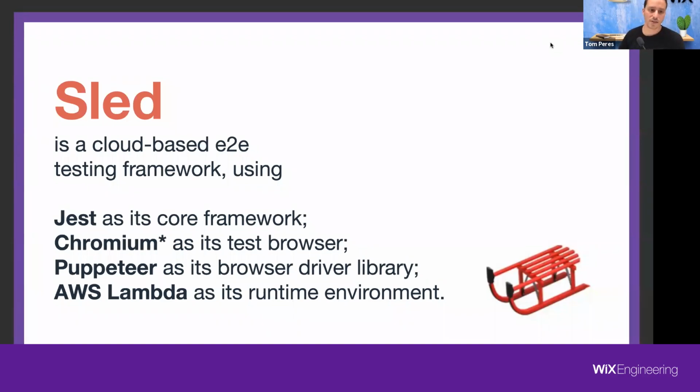So this is pretty much, and we're going to see the architecture in a second, the core fundamental technologies that we used when we wrote sled. There isn't really much more than that in terms of libraries, only for very specific use cases. This is the core, and we've been using it for the past year and a half, two years.